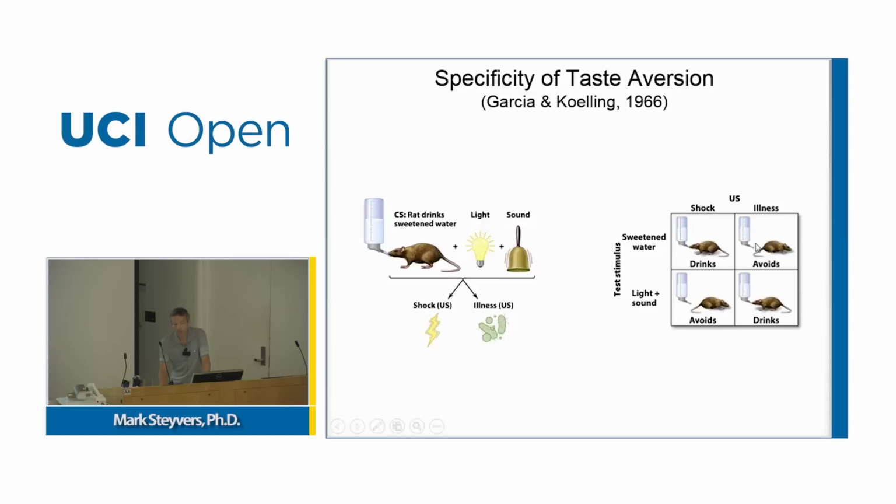Because the rat naturally has learned to associate the sweetened water with illness. So that's not surprising. But when the rat has been made ill, and you now give it unsweetened water, it will be happily drinking that water, even if you're presenting these light and sound stimuli at the same time. So that's surprising because the light and sound could have been associated with the illness, but the rat refuses to learn that association.